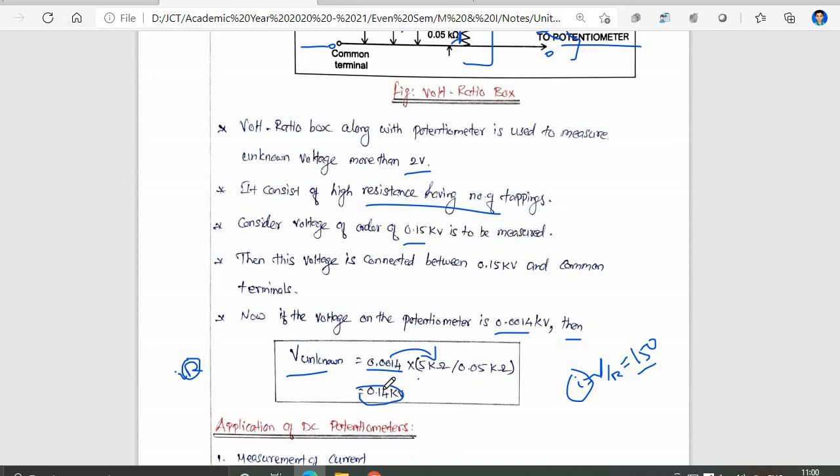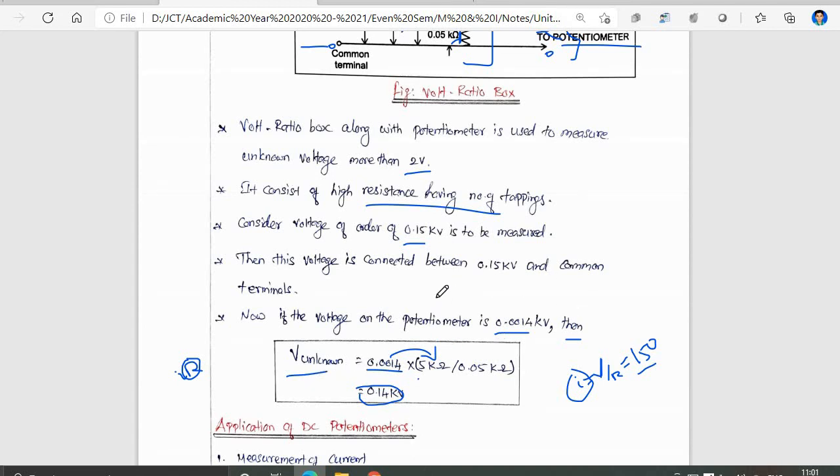The 0.03. 0.03 here. Maybe anyone who has a calculator can find out the value of the unknown voltage.